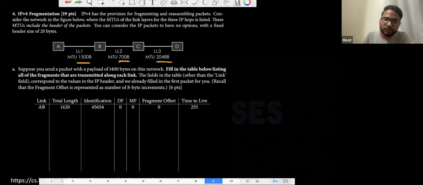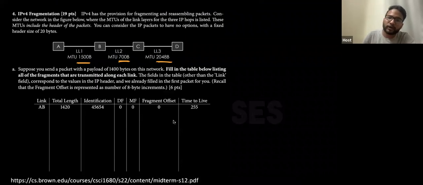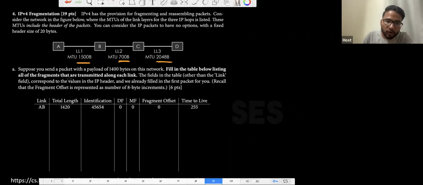Suppose you send a packet with a payload, and then they are saying fill the table below. So basically at this link AB, you are sending one packet which has a total length of 1420. Suppose you send a packet with a payload of 1400 bytes on this network, which means the total length is 1420. Fill the table below listing all of the fragments that are transmitted along each link.